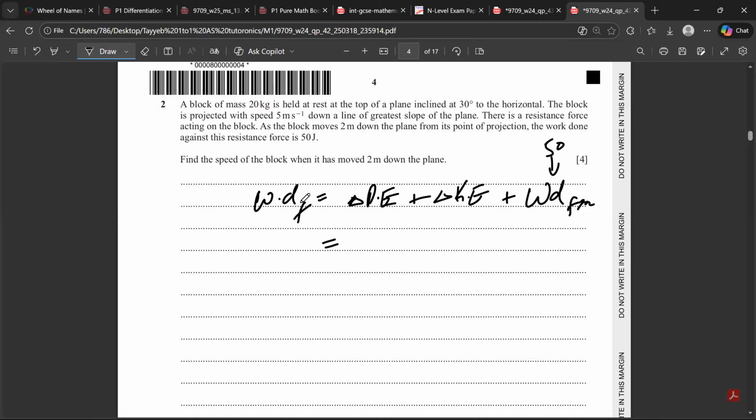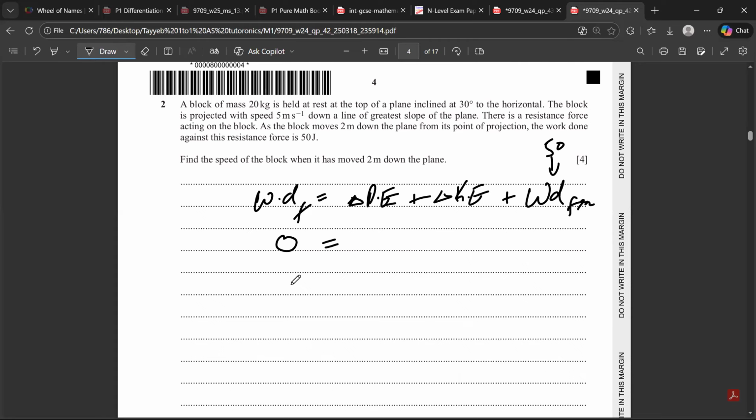Is there any driving force? Is there someone pushing the block of mass? No, right? There is no engine attached, no rope attached. So there is no driving force.